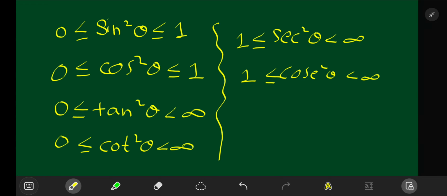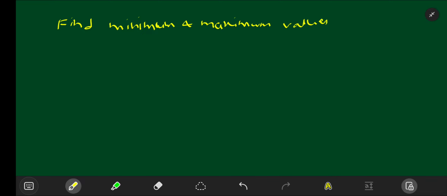Next, let us do an example. Find the minimum and maximum value of 6 minus 4 sine theta.